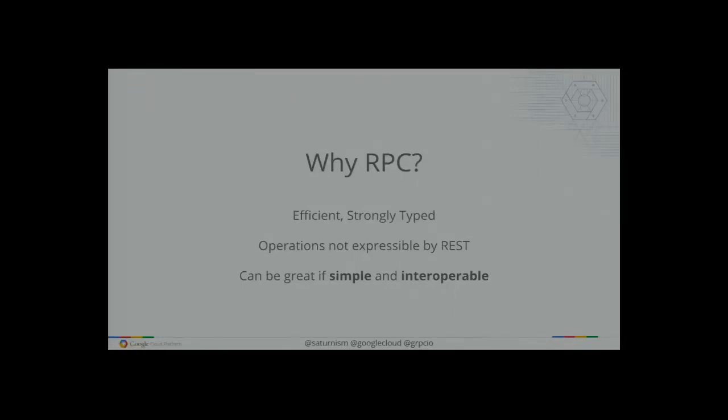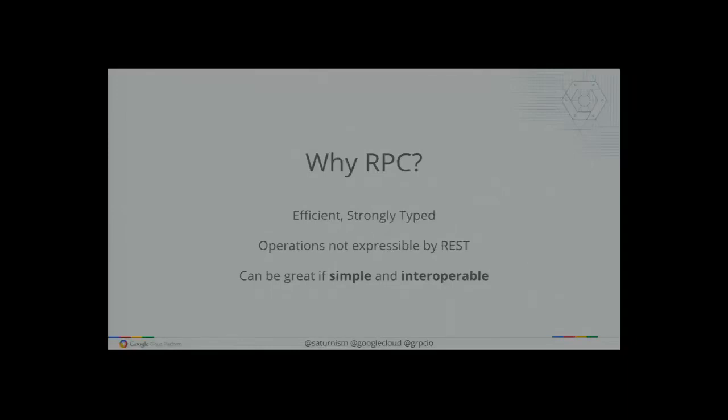Suppose you need to transfer money between two accounts, right? What is the right verb to use for that? How do you actually implement a RESTful service for that? In RPC, you can simply define an operation that says transfer, and then take in two parameters, and that will define the service. So RPC can, in my mind, only be great.